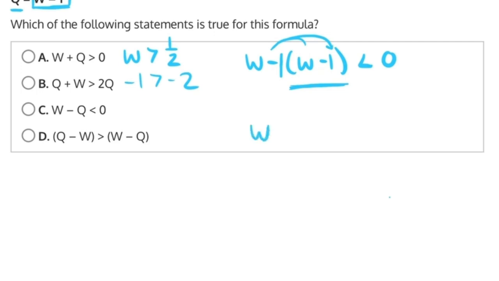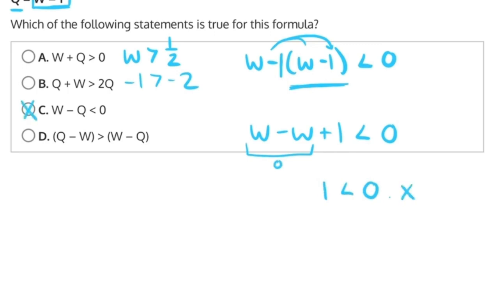We'll have w, negative 1 times w would be minus w, and then negative 1 times negative 1 would be a positive 1, which is less than 0. Now we can continue to simplify. W minus w would just give us 0, leaving us with 1 is less than 0, which is an untrue statement, making C incorrect.